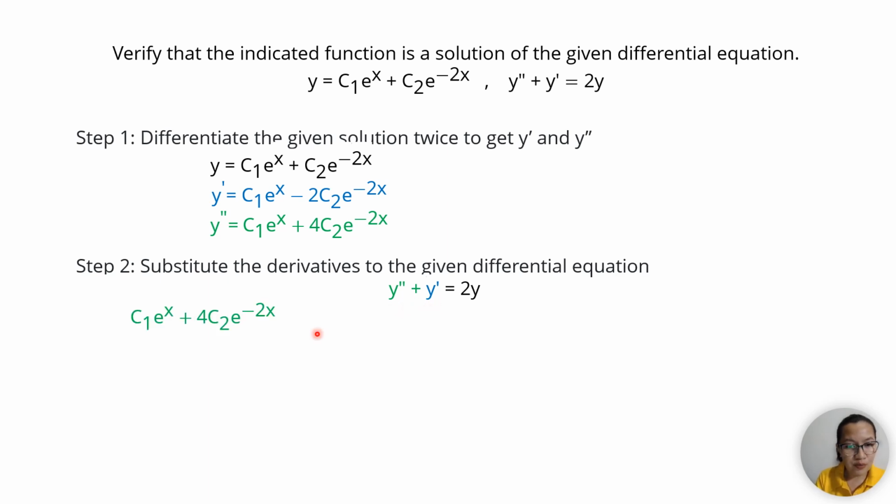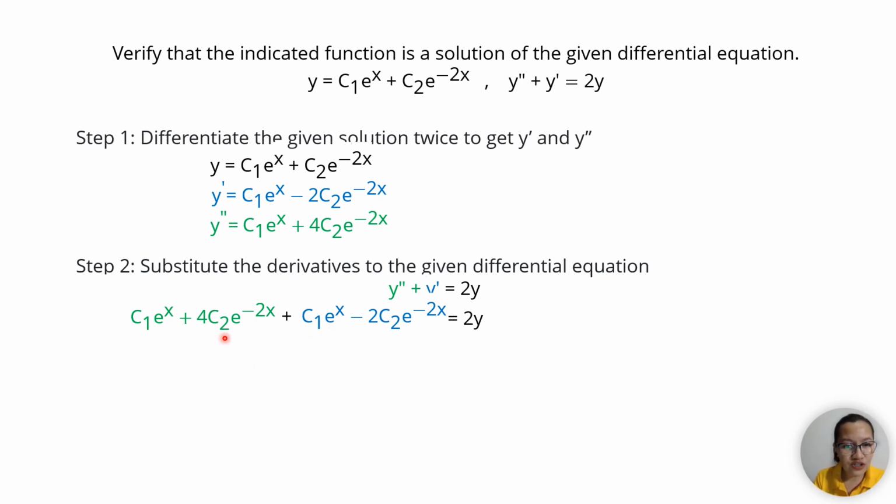Our y double prime is c sub 1 e to the power of x plus 4 c sub 2 e to the power of negative 2x, and then add it to the first derivative, c sub 1 e to the power of x minus 2 c sub 2 e to the power of negative 2x, and that should be equal to 2y. But we still have to prove that. So combining the similar terms, we have c sub 1 e to the power of x here, and another c sub 1 e to the power of x here, that would sum up to 2 c sub 1 e to the power of x.